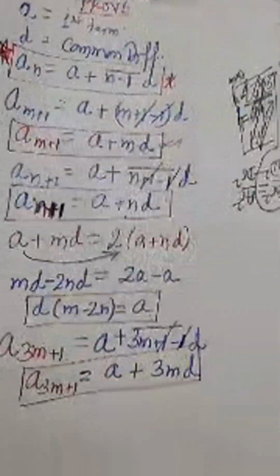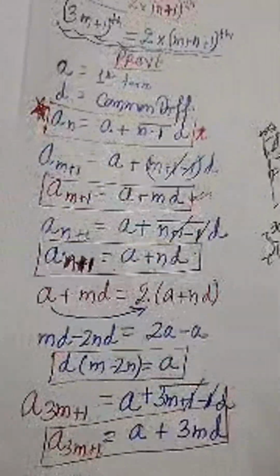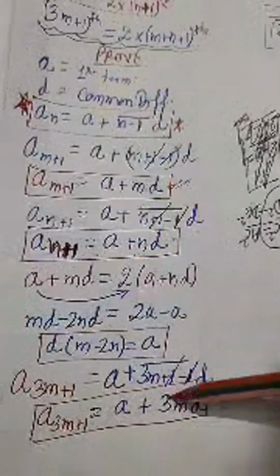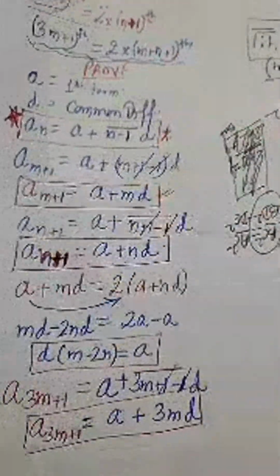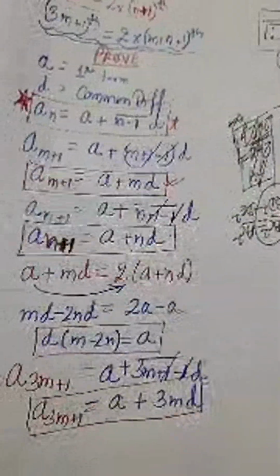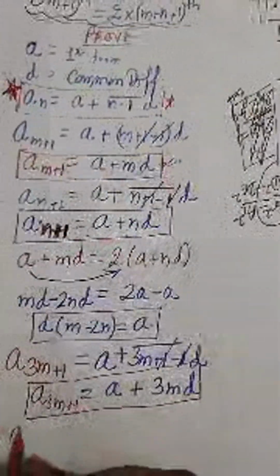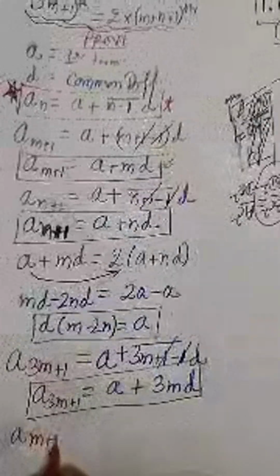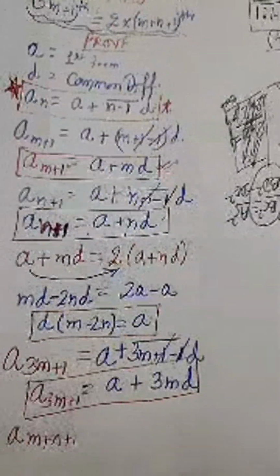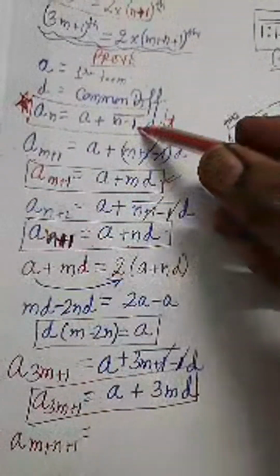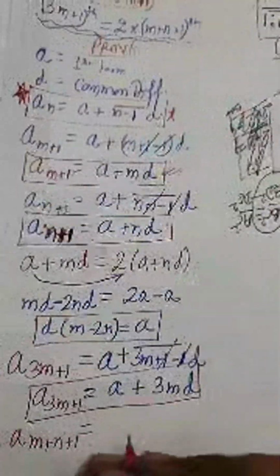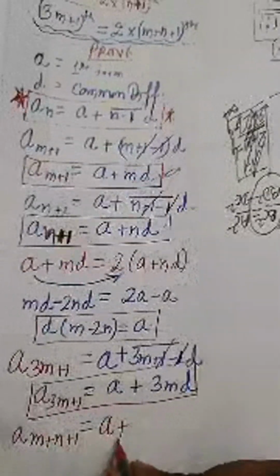Now this should be equal to 2 times the m plus n plus 1th term, right? So now find what is the value of the m plus n plus 1th term. This value will be calculated using the same formula, a plus n minus 1 into d.